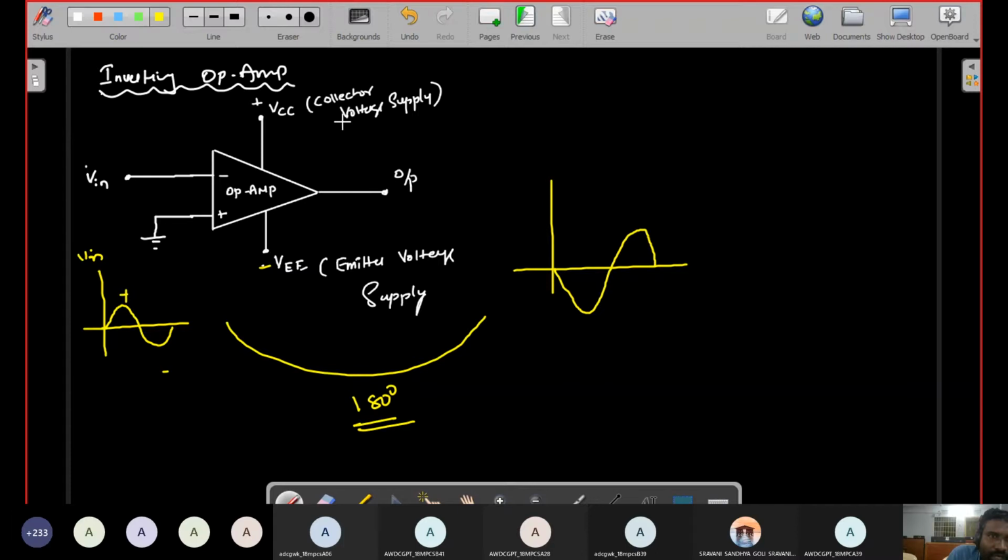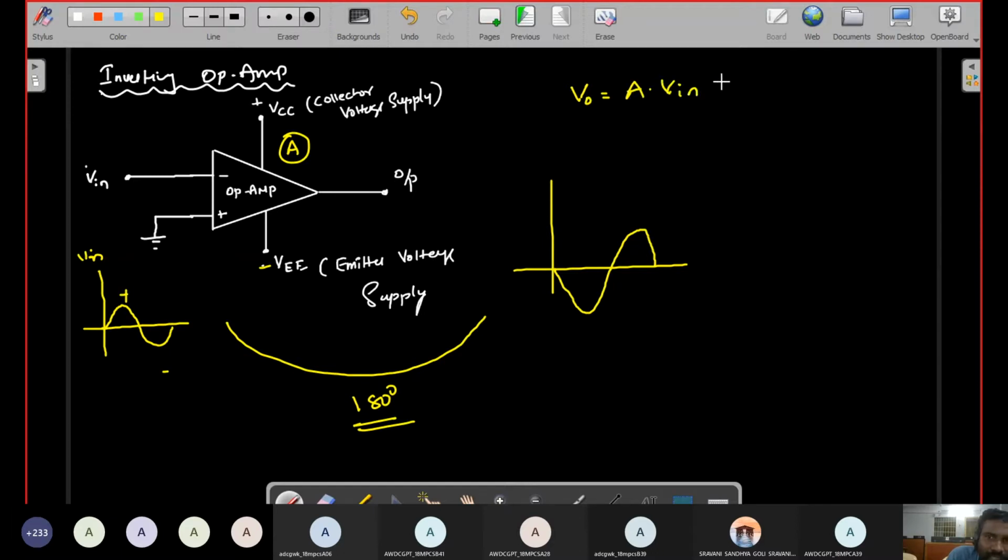Therefore, the gain of this amplifier is represented by capital A. So capital A is the gain of this amplifier. The output of this operational amplifier is equal to gain times its input voltage.